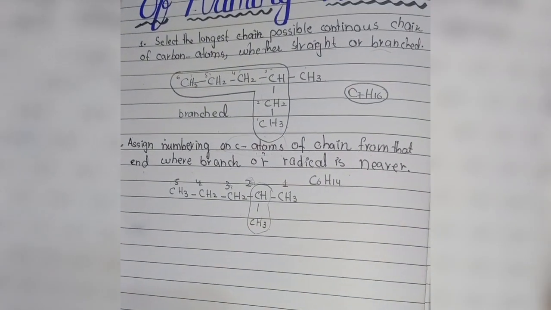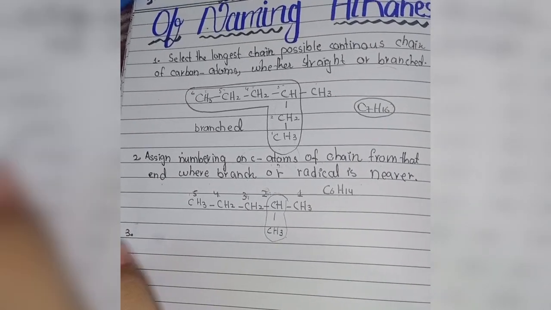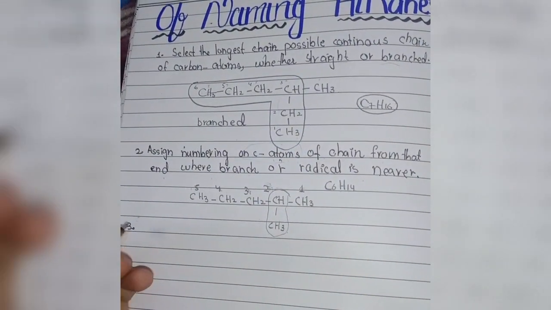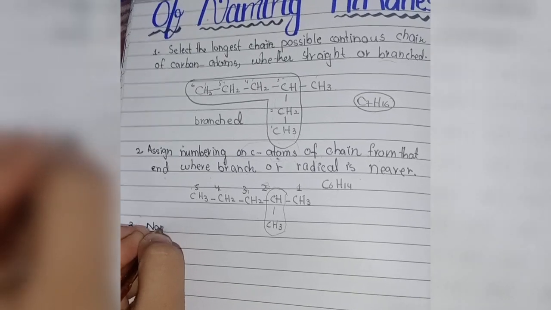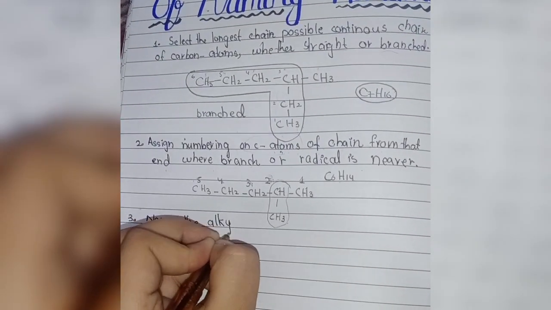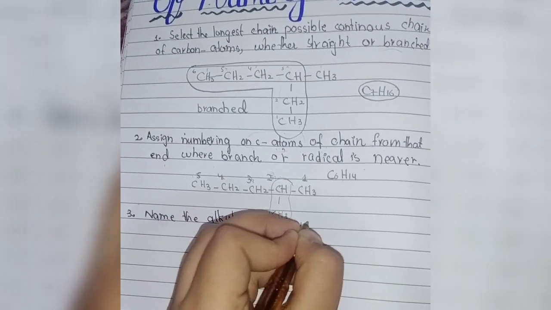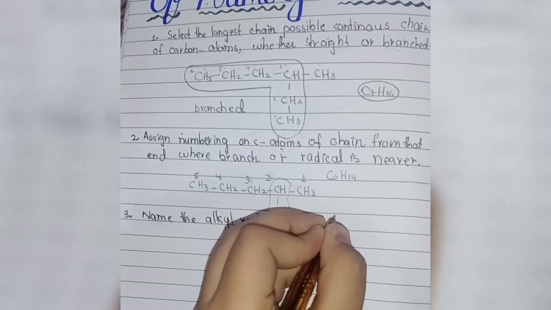Now let me explain the third rule. The third rule is name the alkyl radical with its position. We have to name the alkyl radical with its position.